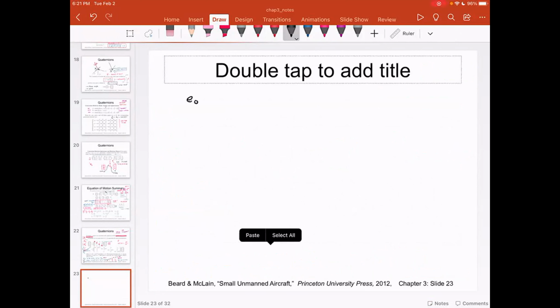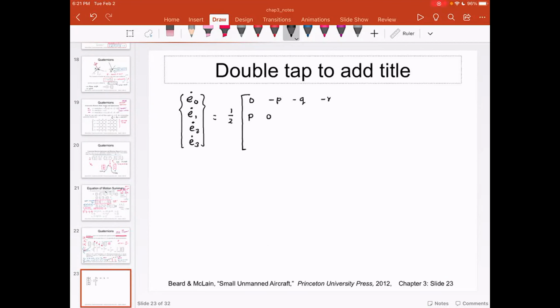So I want you to look at the expression: E0 dot, E1 dot, E2 dot, E3 dot is 1/2 times the matrix with rows 0, minus P, minus Q, minus R; P, 0, R, minus Q; Q, minus R, 0, P; R, Q, minus P, 0, multiplied by E0, E1, E2, and E3.